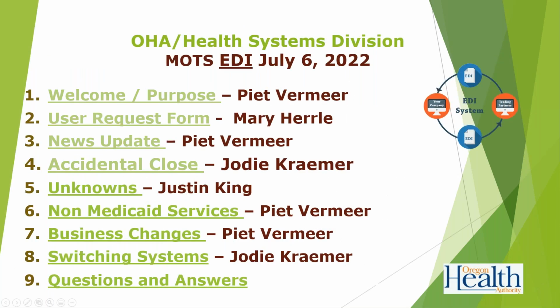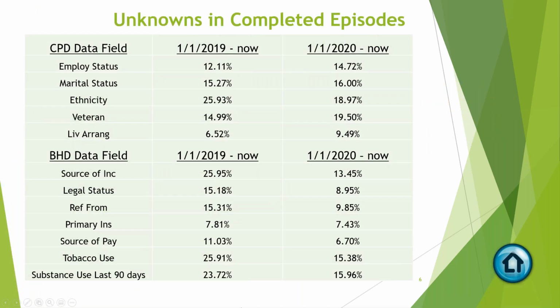Let's take it back to the agenda, and the next item is Justin, who's going to talk about unknowns. Go ahead, Justin. Before I do so, we do have a question from Jessica about the accidental close. Figure we should talk about that while we're still on topic. Sure.